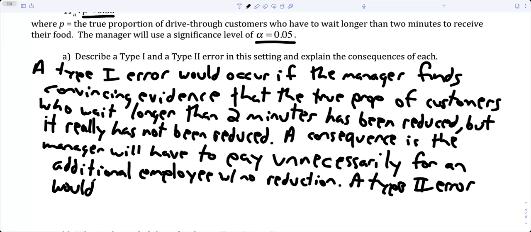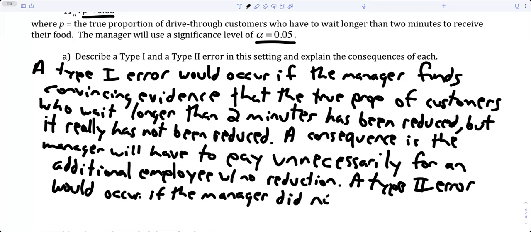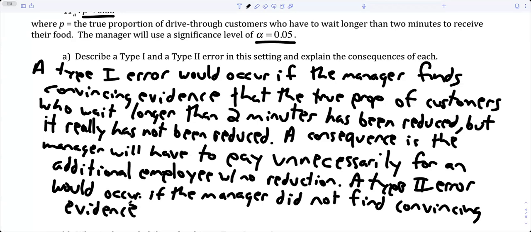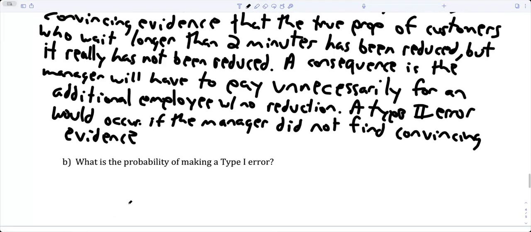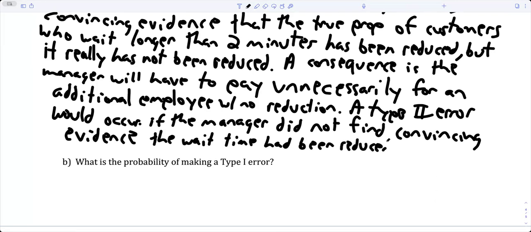So a type 2 error would occur if the manager did not find convincing evidence the wait time had been reduced, but it really had.